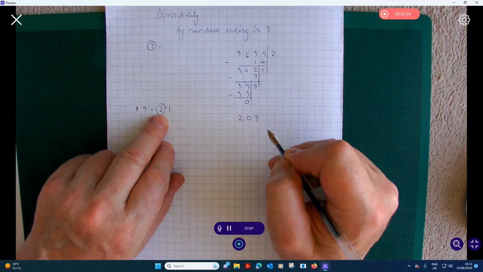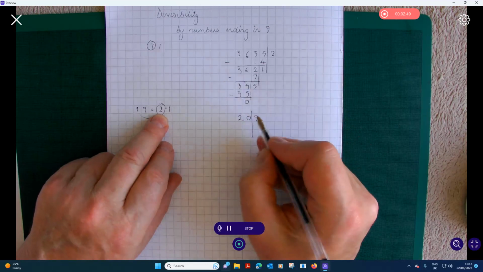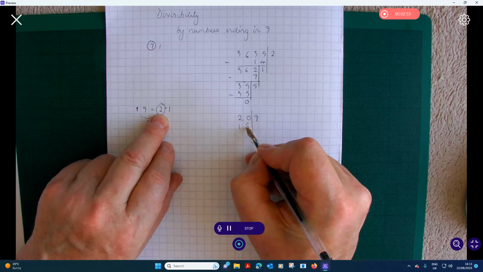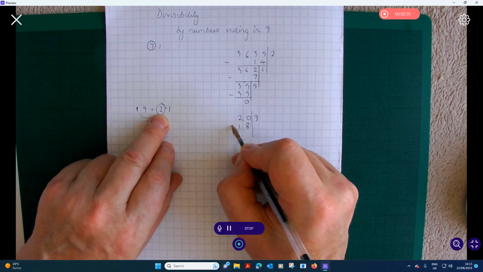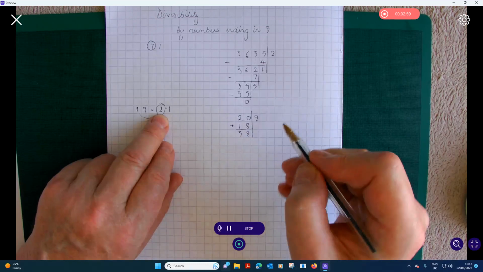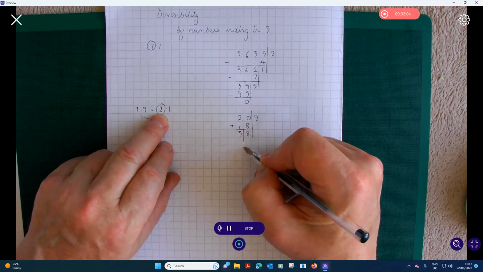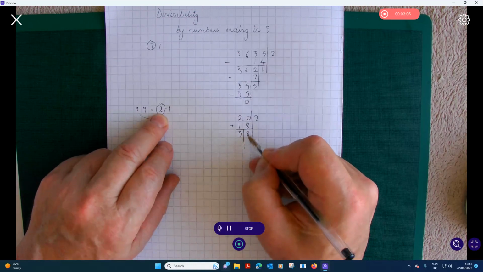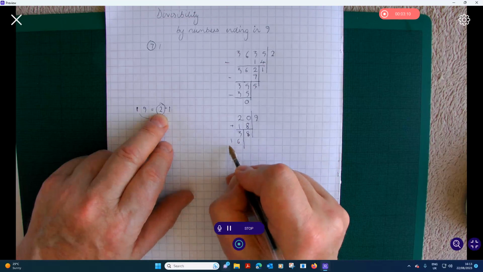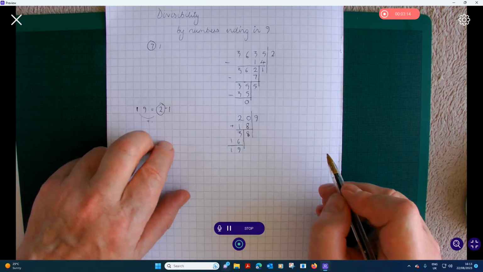Well, we can separate this off and say 9 times 2 is 18, and in this case we're going to add, and we're going to get 38, which is clearly a multiple of 19, or if you don't believe that, you can separate off the column with the 8 in it and say 8 2s are 16. Add the 16 and the 3, you get 19, so it definitely is.